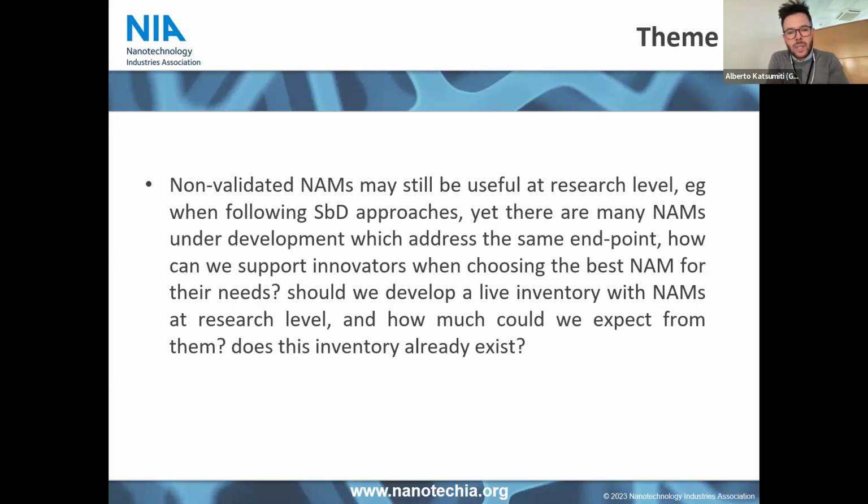So the idea of using IATAs, for example, is very important. We can't rely on the result of just a single assay or a single method. I think it's important to combine different methods to provide more robust results.